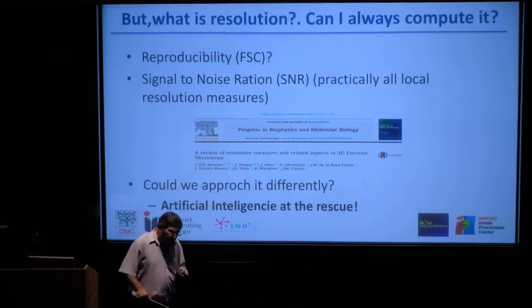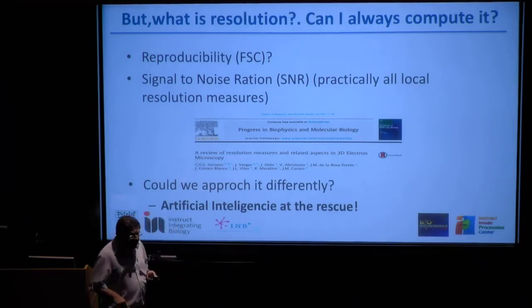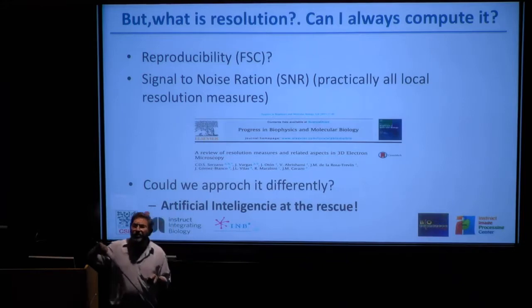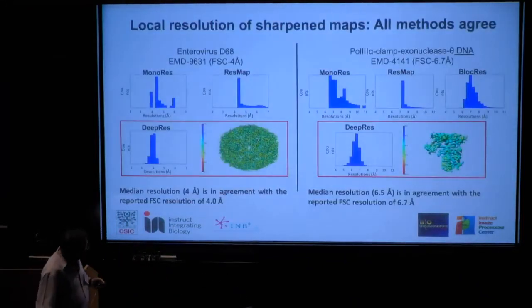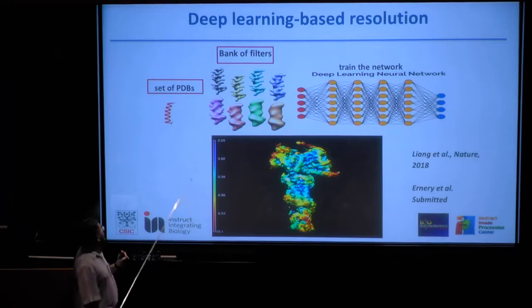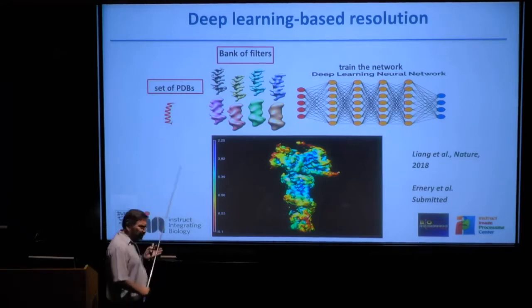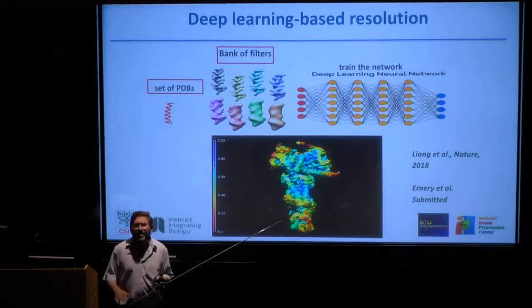But how did we think about that? Well, we thought in a new way. What about using deep neural networks here? And to do something that was very, very simple. Go to the PDB. The PDB, if I'm not wrong, is 140,000 structures, something like that.